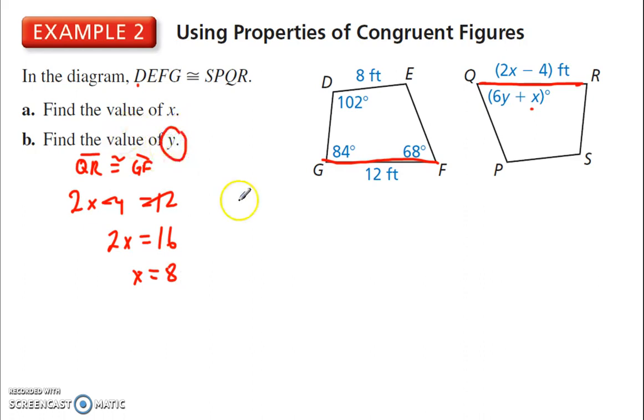Now we want to find the measure of y. So we know that this is 8 right here. Substitute that in. We know that this angle here corresponds to angle F. So we set those two equal. Angle RQP is congruent to angle GFE.